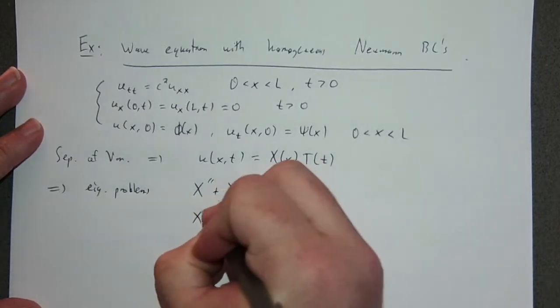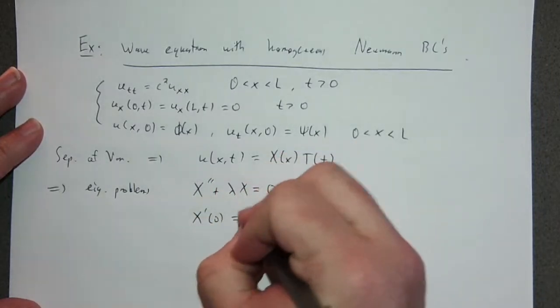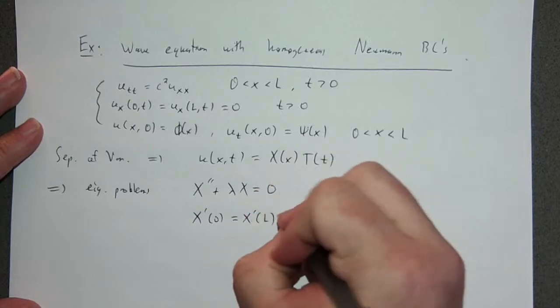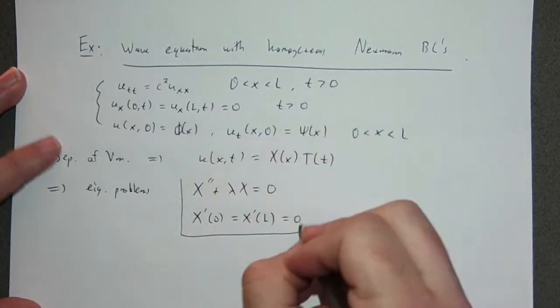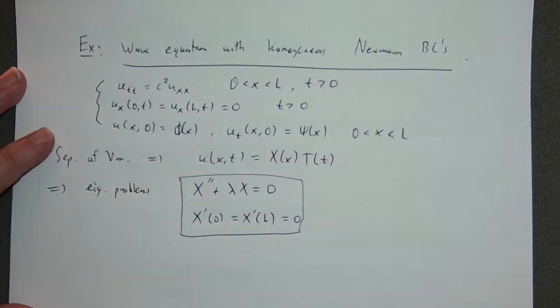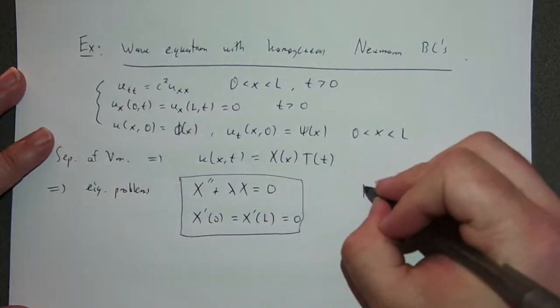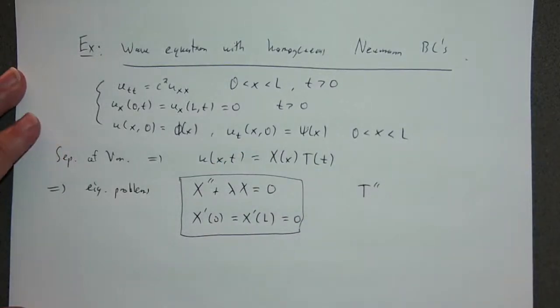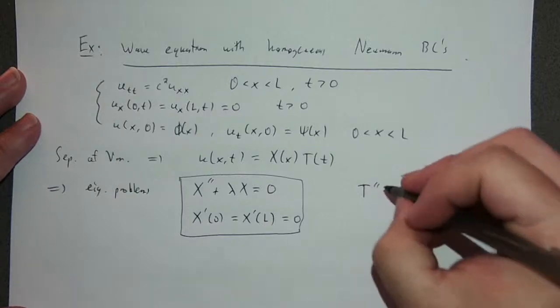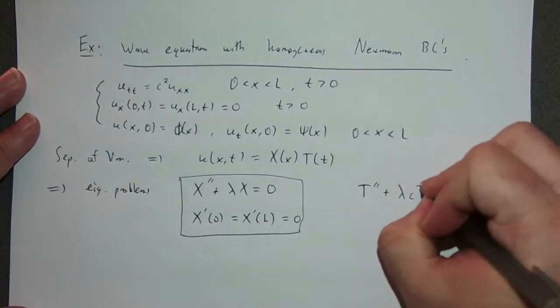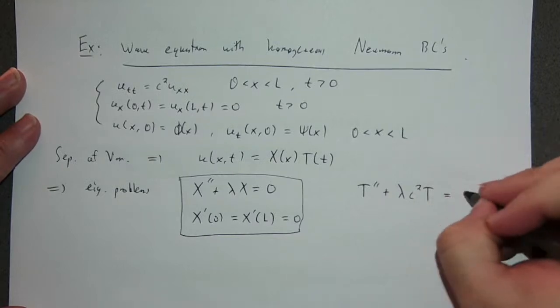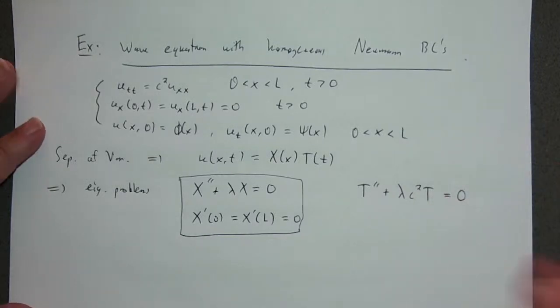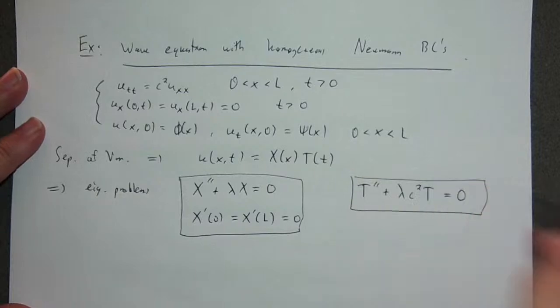So X prime of 0 is equal to X prime of L is equal to 0. So that is my eigenvalue problem for X. My eigenvalue problem for T is similar to the previous example of the wave equation. So this is T double prime plus lambda c squared T is equal to 0. Okay. So these are my two eigenvalue problems.